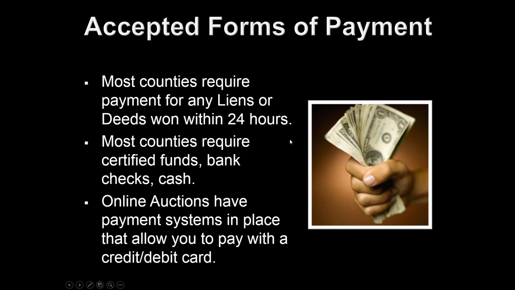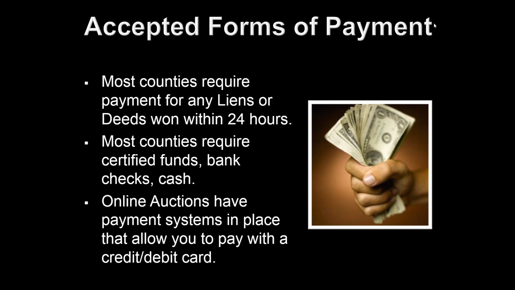Now, as far as acceptable forms of payment, most counties are going to require payment for any tax liens or deeds within 24 hours. It'll really depend on the county. Sometimes they'll have a little more leeway, but some counties will require you to pay right there at the time of sale. So as you're preparing for the auction, that's something you're going to want to figure out.